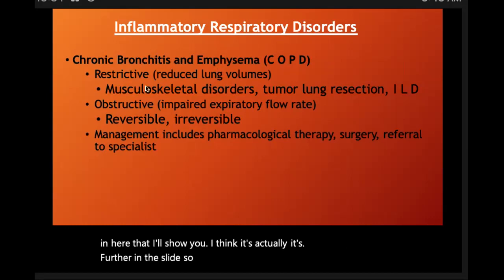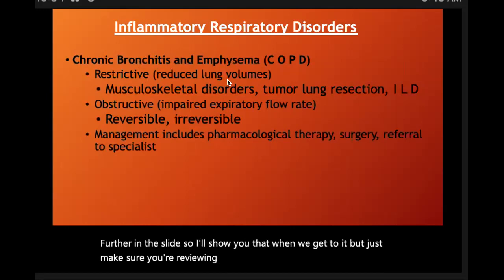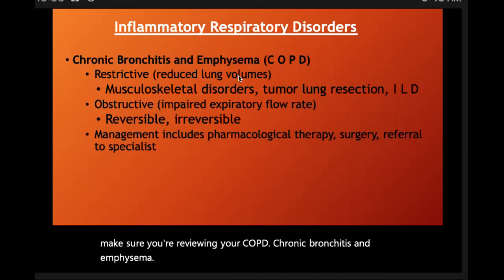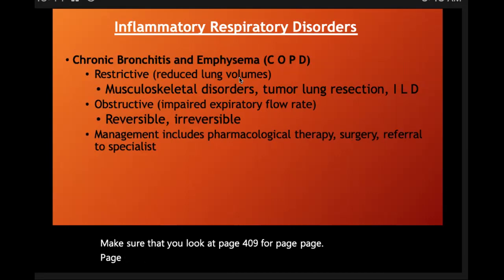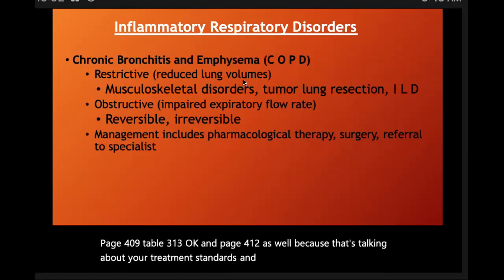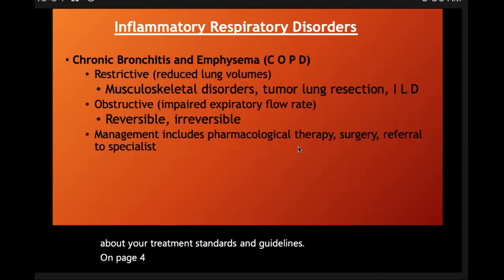But just make sure you're reviewing your COPD, chronic bronchitis, and emphysema. Make sure that you look at page 409, table 31.3, okay? And page 412 as well, because that's talking about your treatment standards and guidelines for COPD.